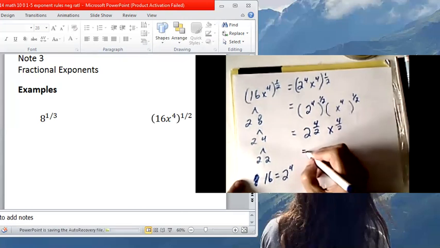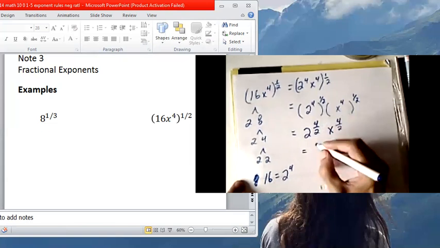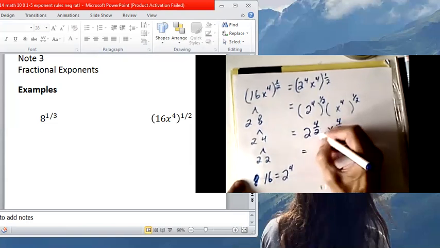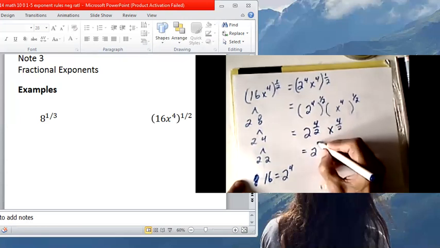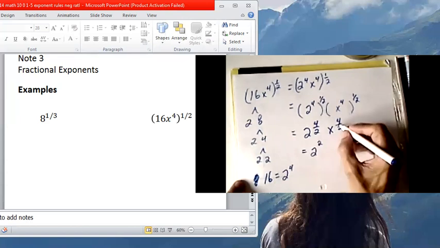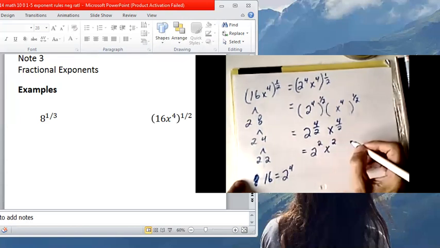Simplifying, working it out, trying to keep it neat. 4 divided by 2, remember these are exponents, not like mixed number stuff. 4 divided by 2 is a 2. So that's upstairs as an exponent still.